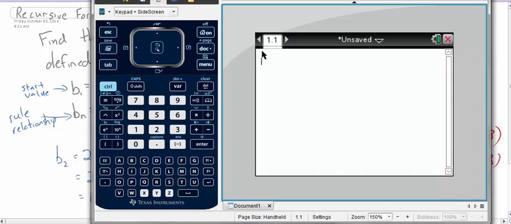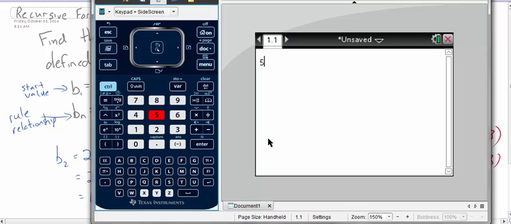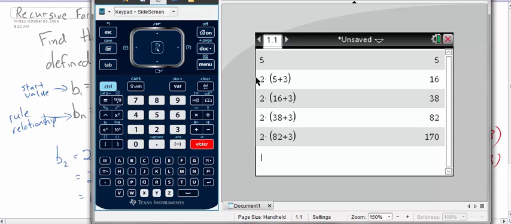We can use the calculator to help us out. What I'm going to do is I'm going to push 5 and then enter. And now I'm going to type 2 times answer plus 3. So I'm taking the answer from the line above, the previous term, adding 3 and then multiplying by 2. So there's term 2, 3, 4, 5.